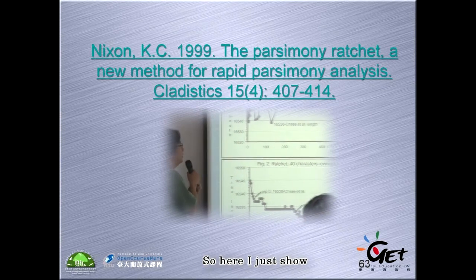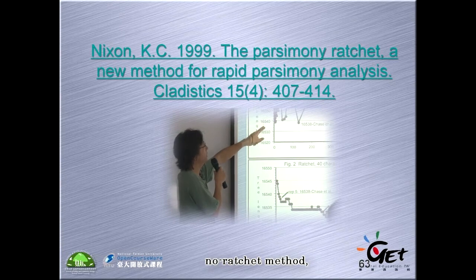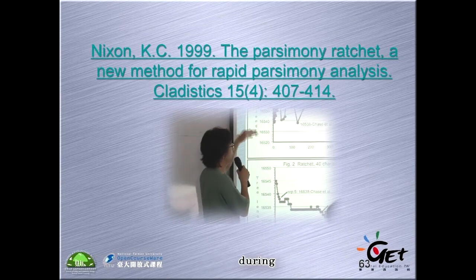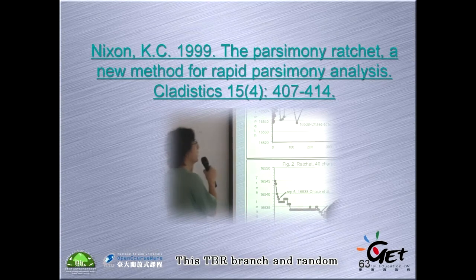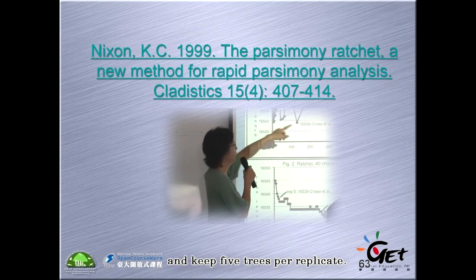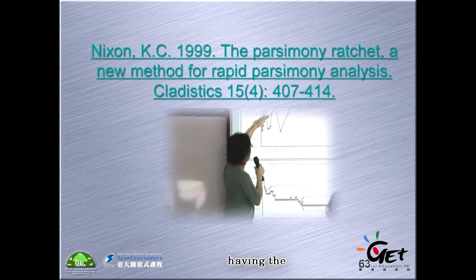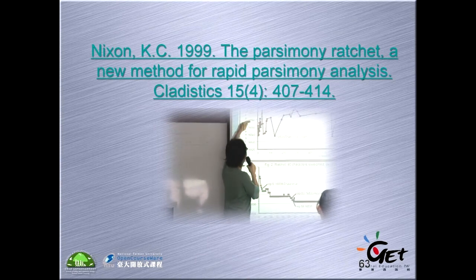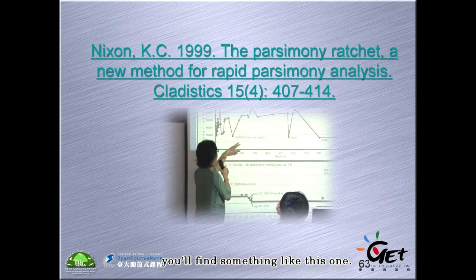So here I'm just showing it without using the ratchet method. During different replications, for example, with TBR branch swapping and random starting points, keeping 5 trees per replicate, this is the process for getting a tree length, the numbers of the tree lengths right here and right there. And you will find something like this one.